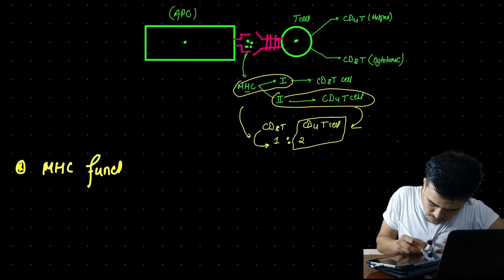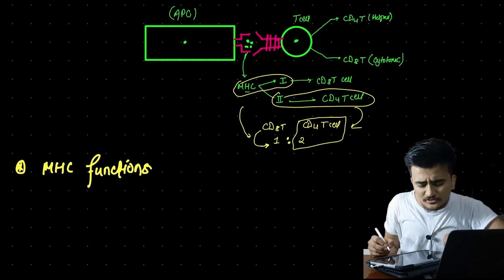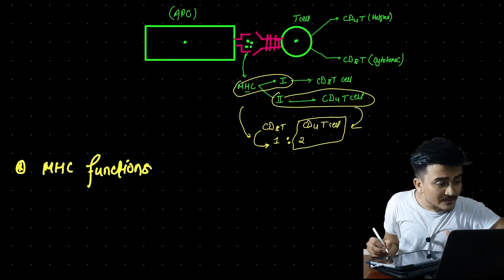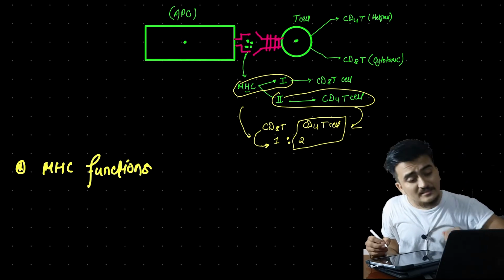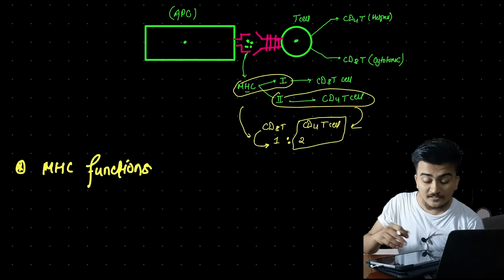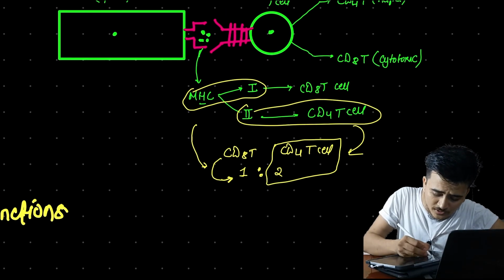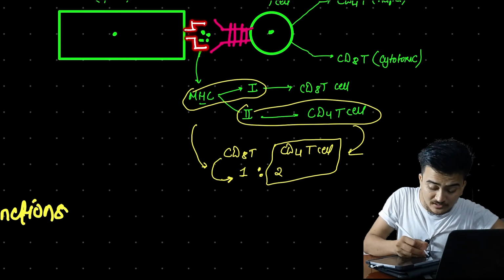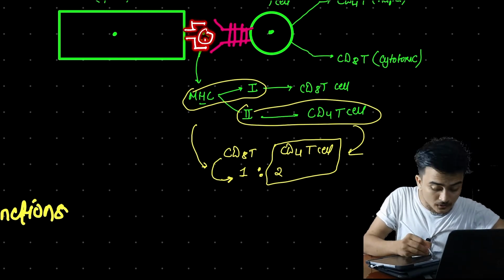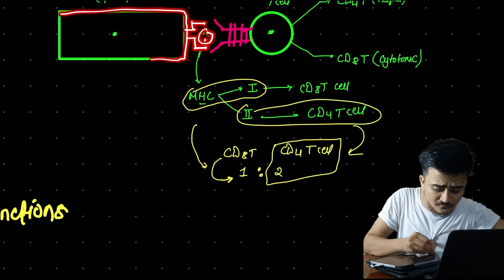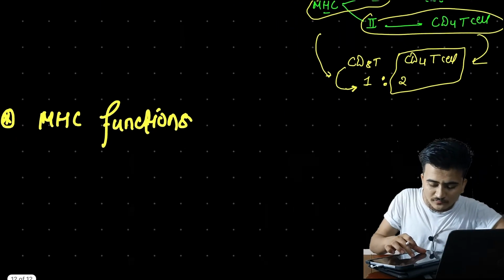MHC functions. Talking about the function of MHC, the first function is it lets pathogenic antigen be expressed on the surface of APC, as we have done here. I mean, this MHC molecule, what it was doing, it was helping these antigens to be expressed on the surface of APC. That's all. That is the one function.